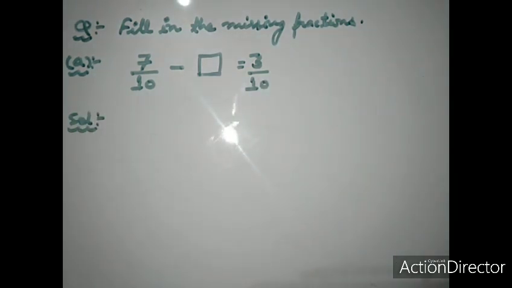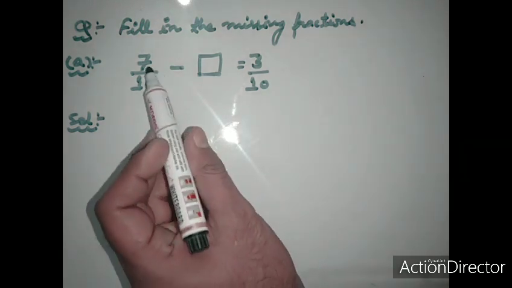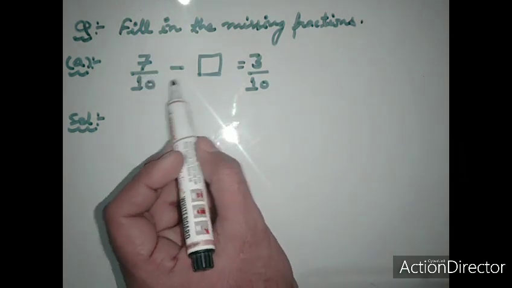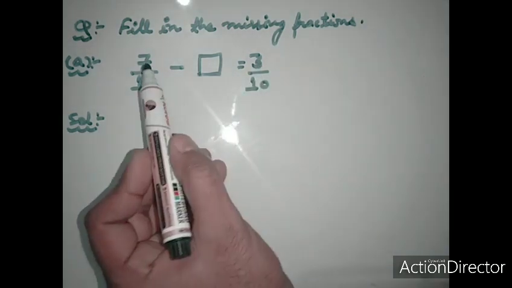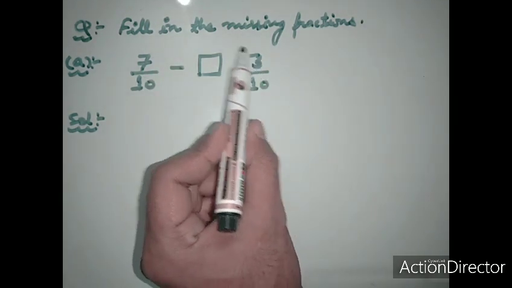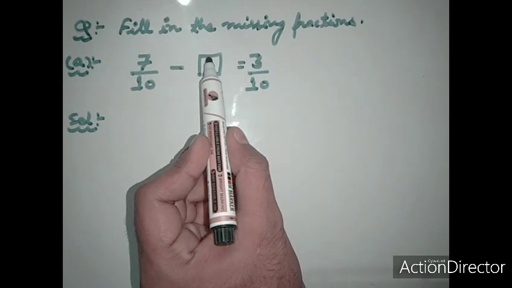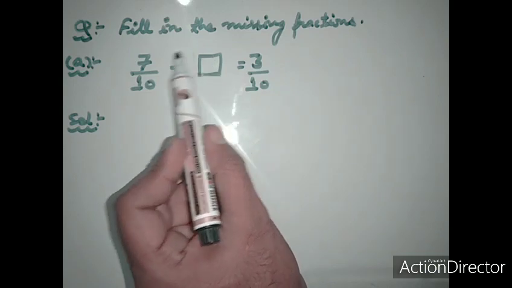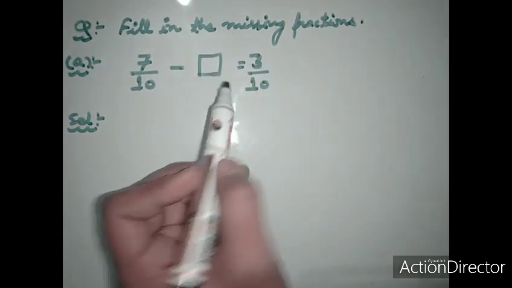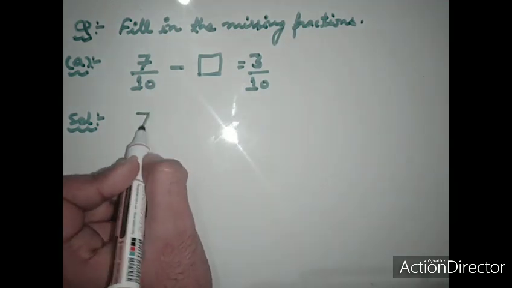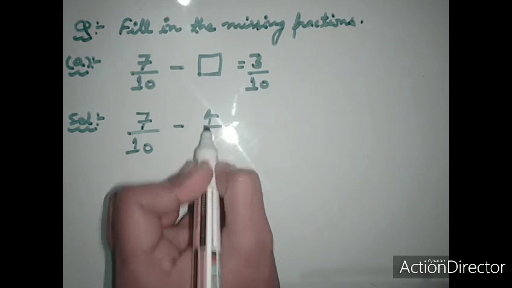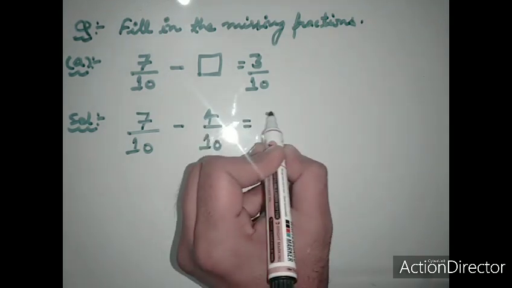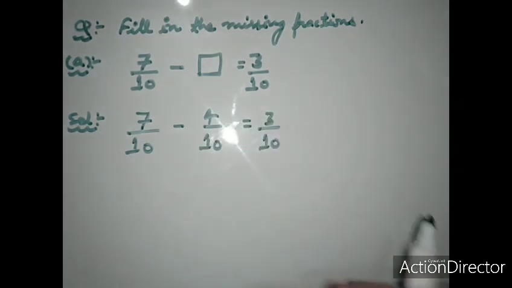So now students, the question is what will be subtracted from 7 upon 10 so that we get the difference 3 upon 10. So if we subtract 7 minus 3, then we get what fraction will come here, right? So here we get 4, 7 minus 3 is 4, 4 upon 10. So here we write 7 upon 10 minus 4 upon 10, and then we get 3 upon 10.